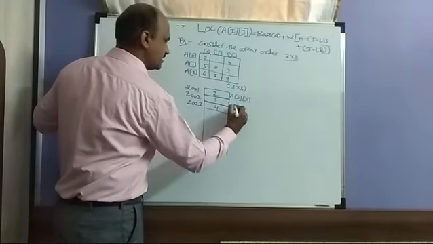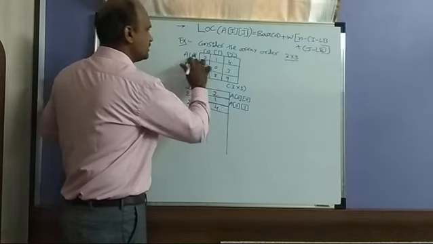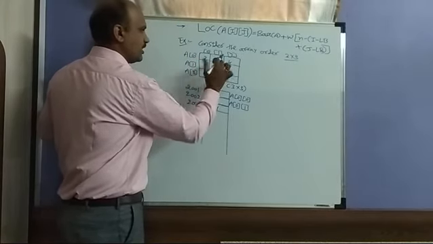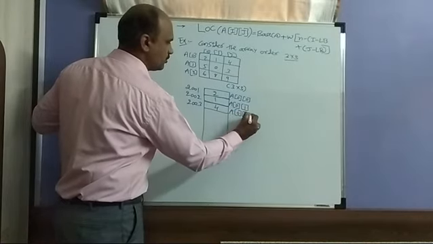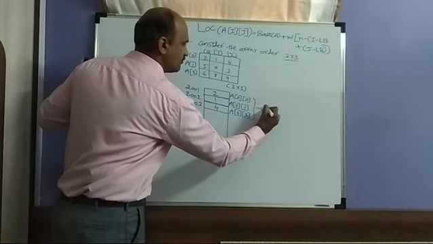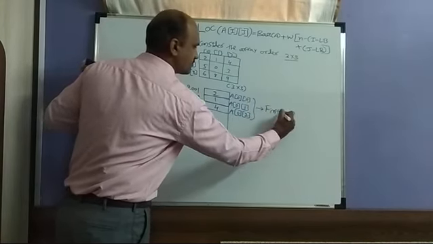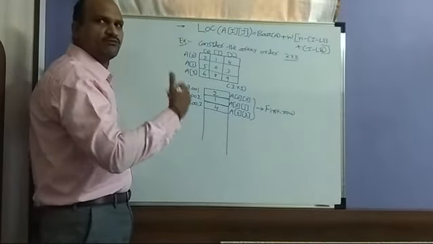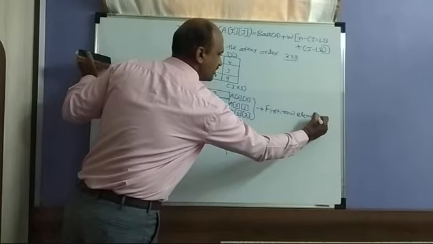Next, this will be A of 0, 1. Then this will be A of 0, 2. Now these are the first row elements. As you are going for first row, second row and third row, only 3 rows are there.